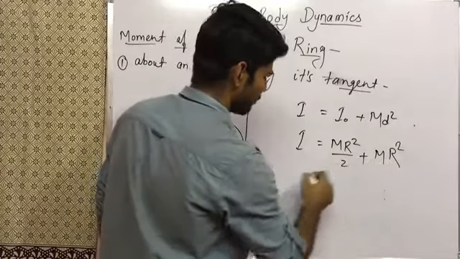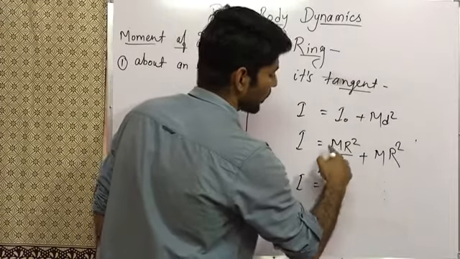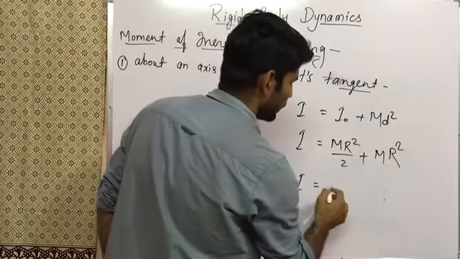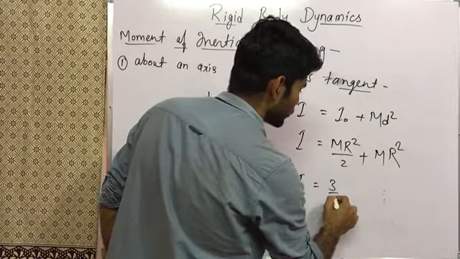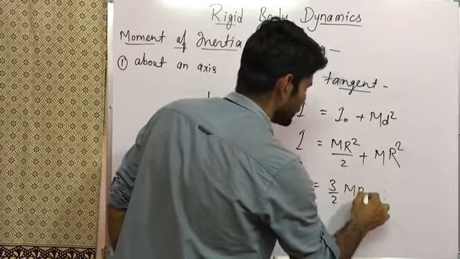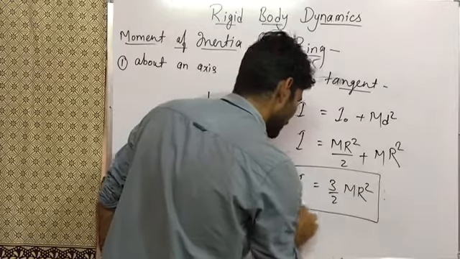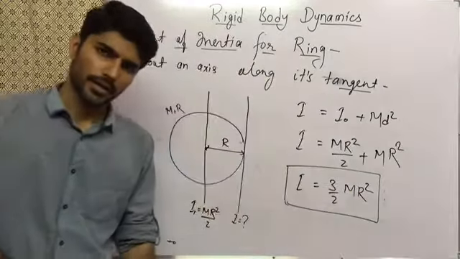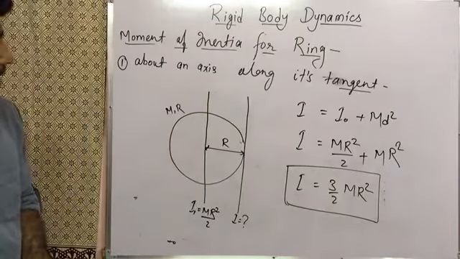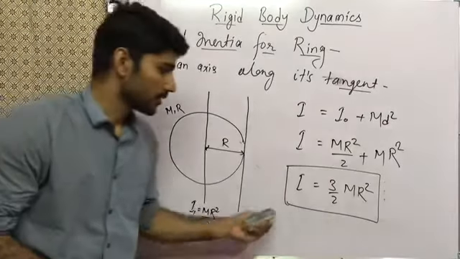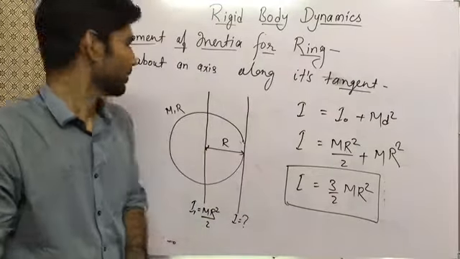We add them, then half and one will become 3 by 2 mr square. So the moment of inertia for a ring about an axis along its tangent is 3 by 2 mr square.